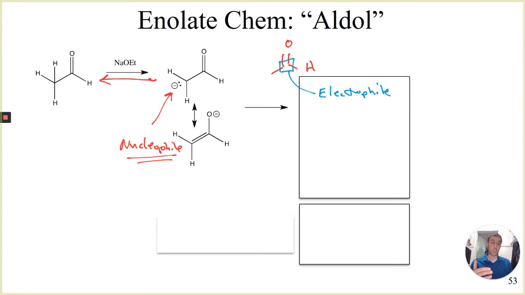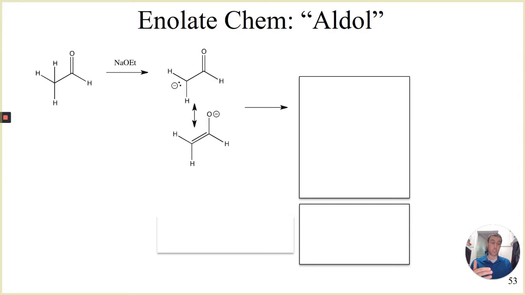So I'm just going to clear it all and redraw. Here's our aldehyde. And if we had our nucleophile come in and attack, we would break the pi bond, and the resulting structure, and because that box is kind of in the way, I'll draw it a little bit further over.